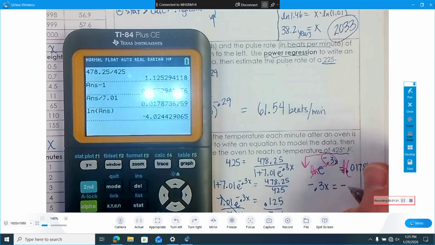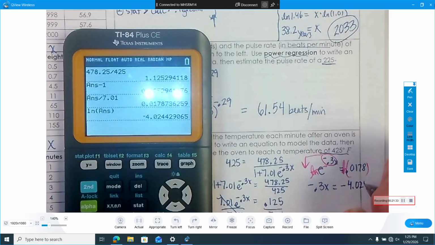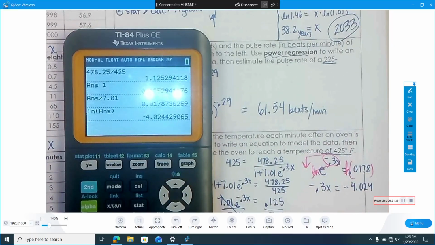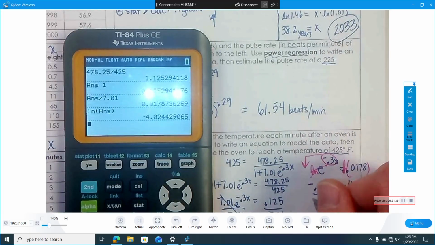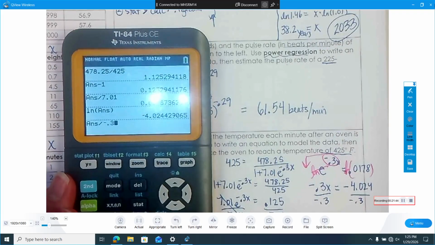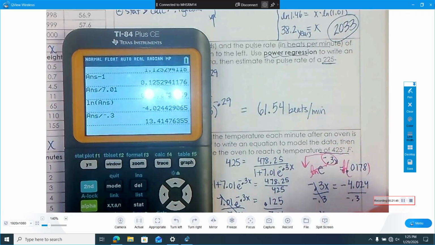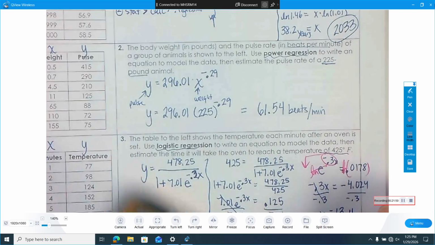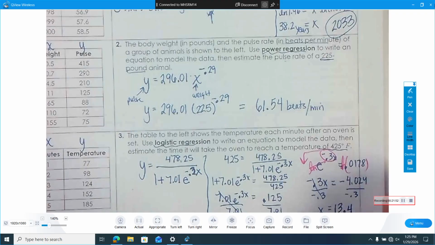And I get negative 4.024. And then I need to divide by negative 0.3. X equals 13.4 minutes.